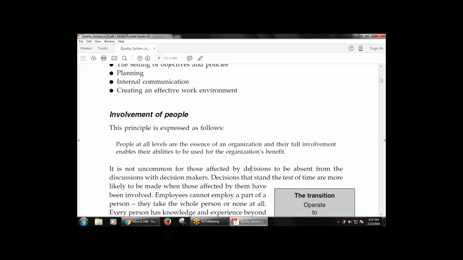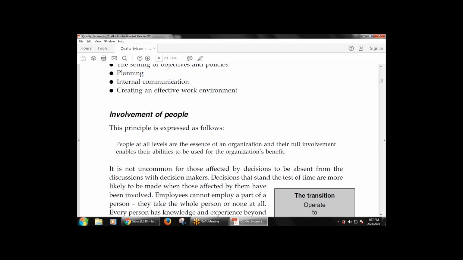It is not uncommon for those affected by decisions to be absent from the discussions with the decision maker. Decisions that stand the test of time are more likely to be made when those affected by them have been involved.